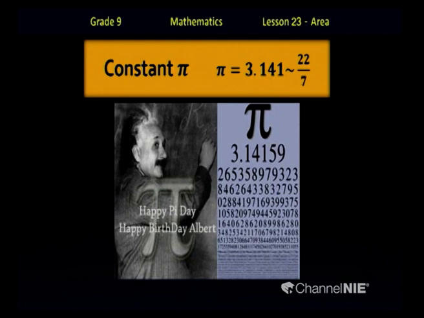In other countries, there is a date, Albert Einstein's birthday, the 14th of March. It is called Happy Pi Day. 3.14159. You can see many numbers here. Why?